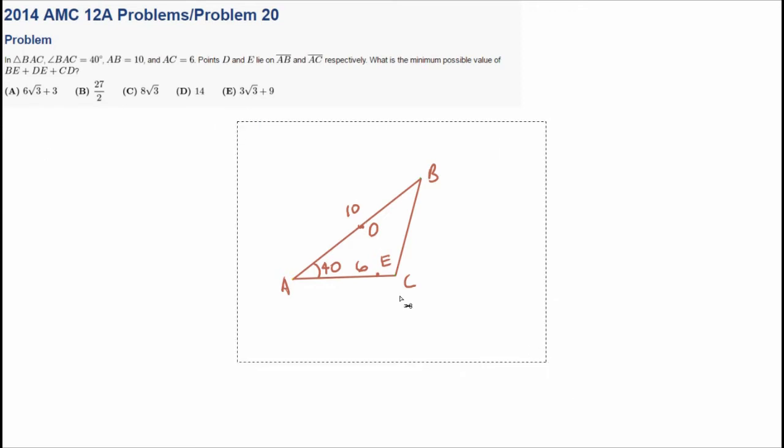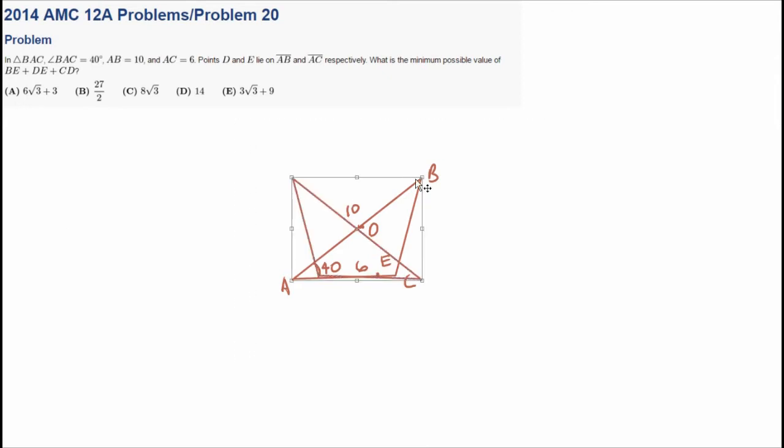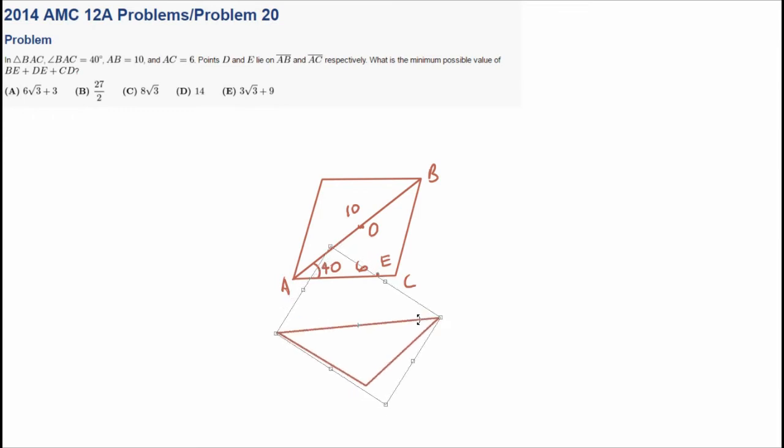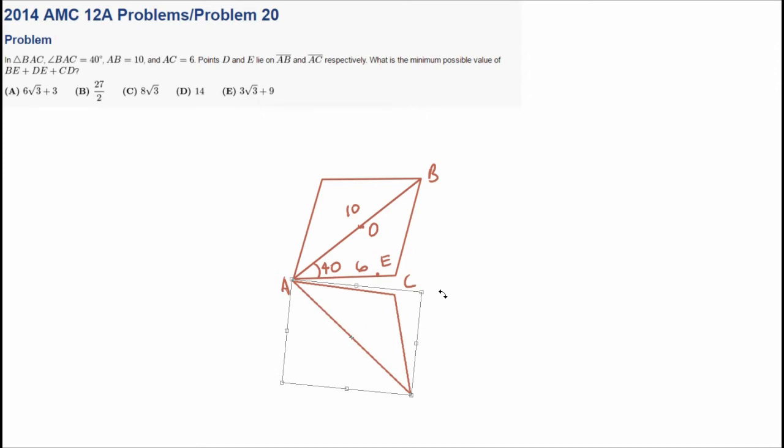So let me see if I can copy this. And okay, that's something. And that's not the only time we're going to reflect it. I'm going to reflect it again. How do I do this? Oh, I have to flip vertically. Reflect it again like this.